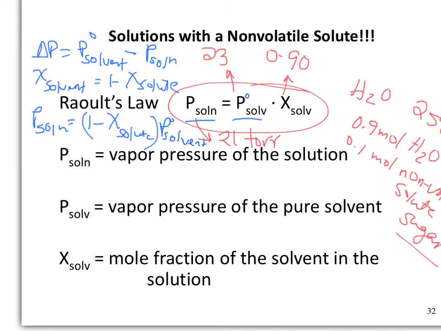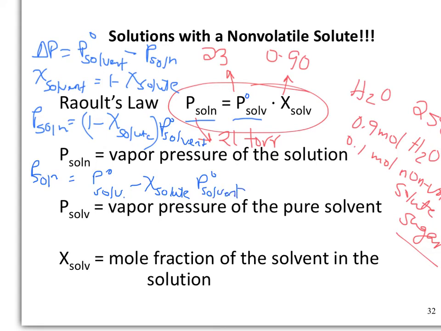Sometimes they also refer to it as P naught solvent just because it's pure. And so now if I solve that, I can say P solution is equal to P naught solvent minus chi solute times P naught solvent.